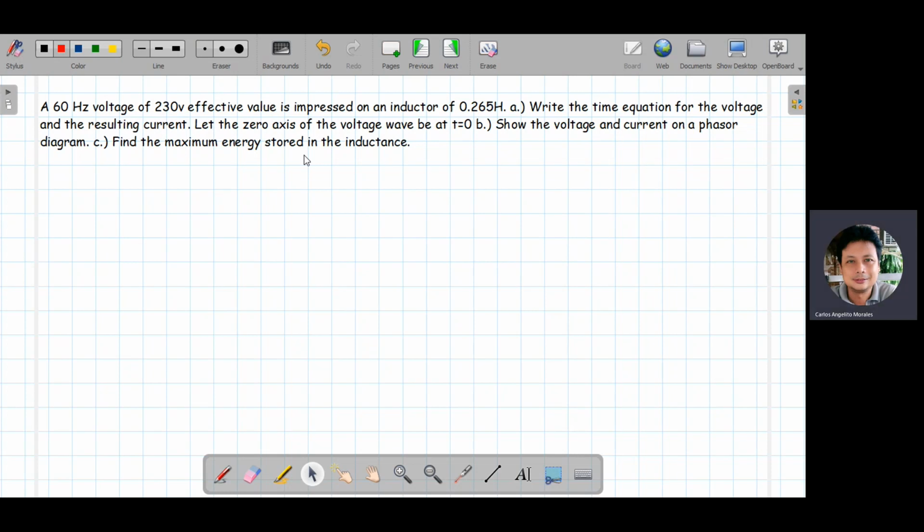So, sulat mo raw yung time equation for the voltage at saka yung resultant current.